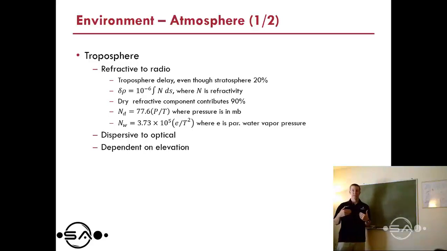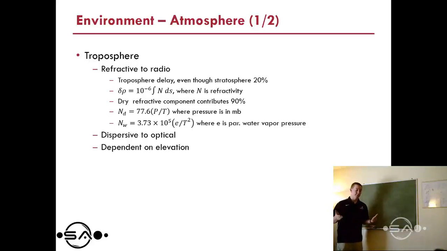The troposphere is dispersive to optical as opposed to refractive. And again, it's dependent on elevation. What that means is that the longer the signal has to travel through the troposphere, the more the troposphere is going to affect or disperse the signal.